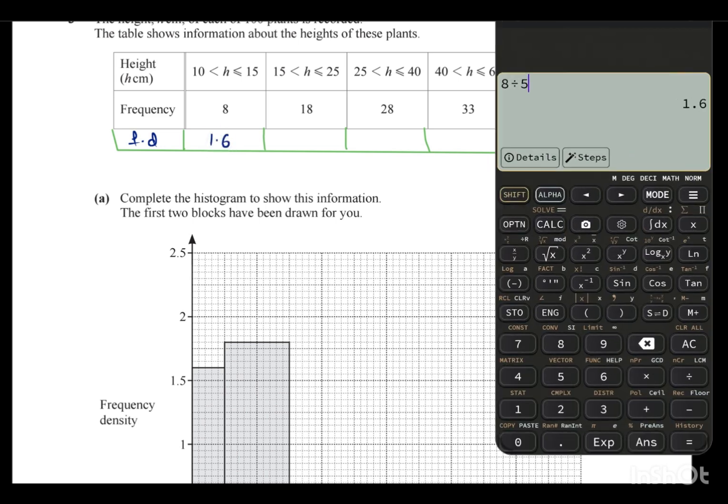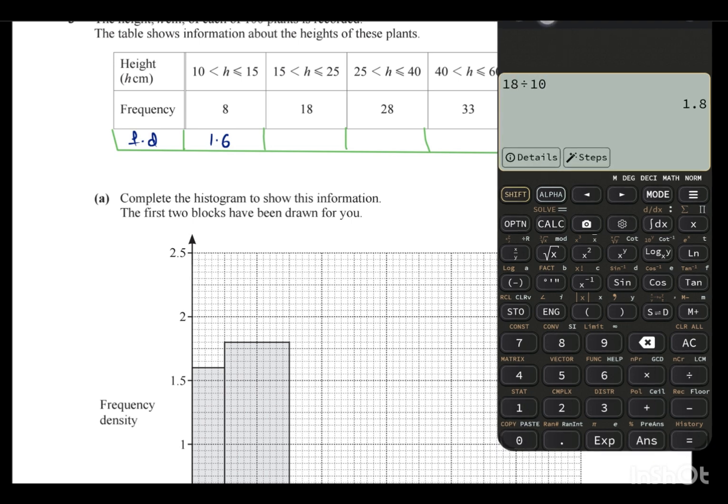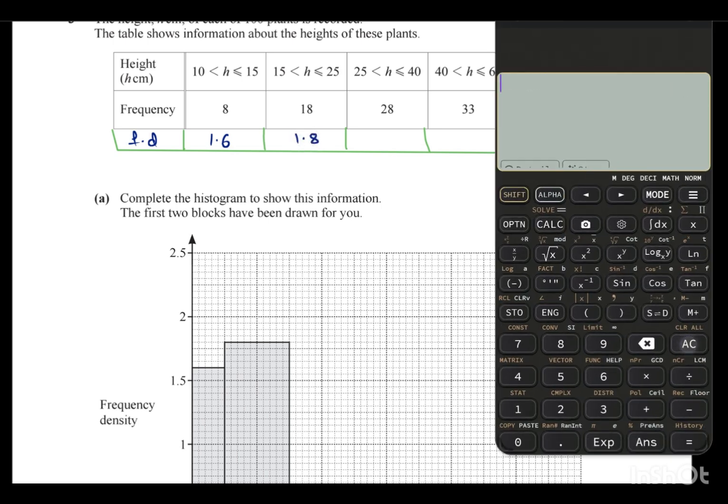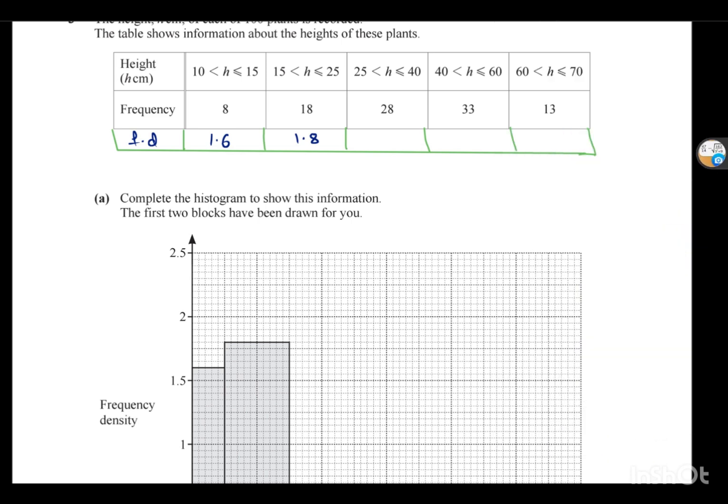Same way, do for all the classes. 18 divided by the class size, which is 10, so 1.8. Same way, 28 divided by the class size, 25 to 40 is 15. So 28 divided by 15 is 1.8666, so you can round it to 1.87.